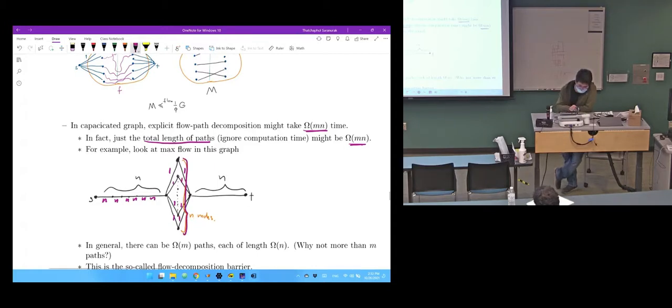Now you can see that there will be n many paths in the max flow. Each of the paths has length n. So the total length of the flow is n squared, although the total size of the graph here is just O of n. You see, this is a big problem for running time.